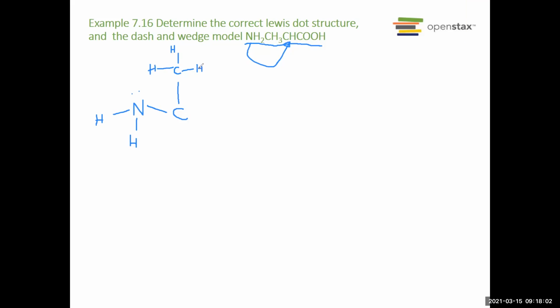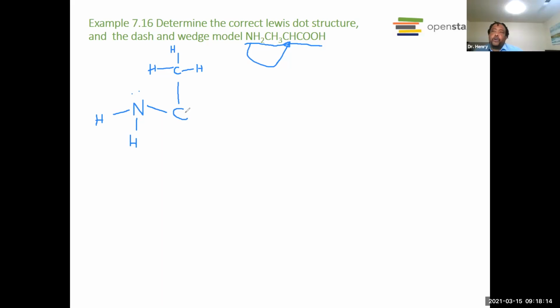Quick question. Why wouldn't the NH2 be attached to CH3 and then continue on to CHCOOH? Because that would make it terminal, right?